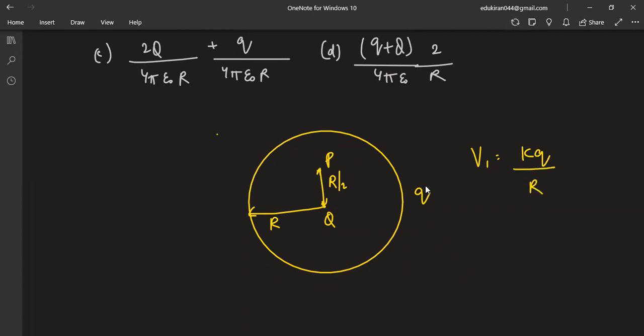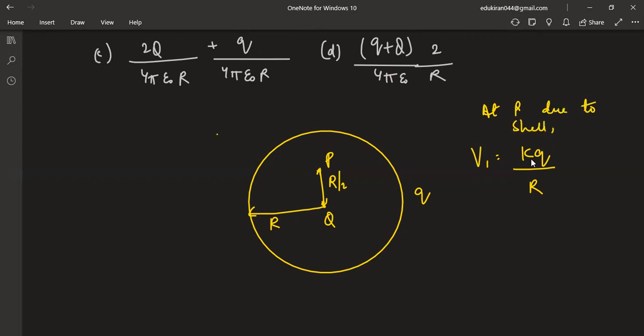Due to the whole shell, small q is situated outside. Where is small q situated? It is giving you a thin spherical conducting shell. So potential due to the whole shell, whatever is the radius, that's not of our concern. When we are talking about the whole shell, this is at P due to shell.